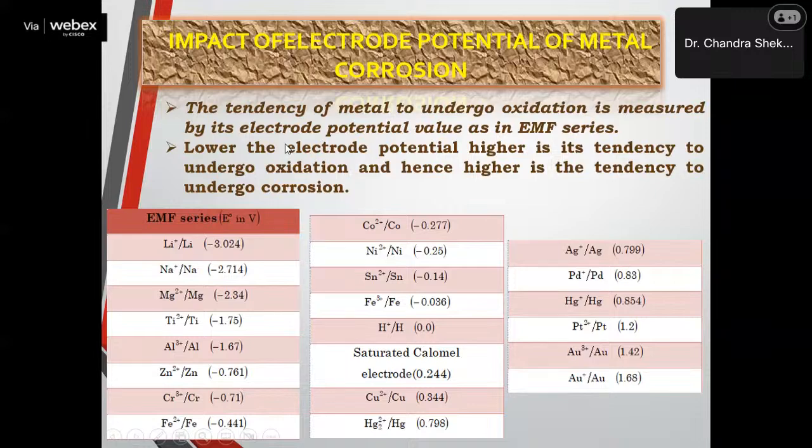And reaction progresses only when there is difference in potential between anode and cathode. Therefore, no metal can undergo oxidation itself. Metal undergoes oxidation only when it is in contact with some other chemical species which can undergo reduction.